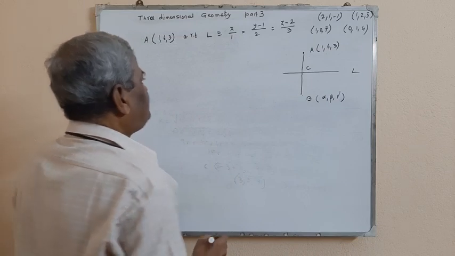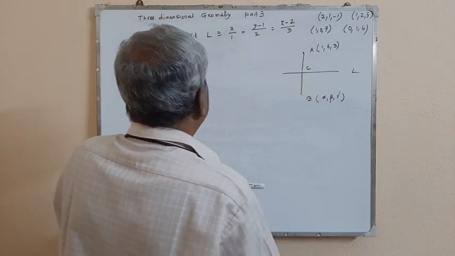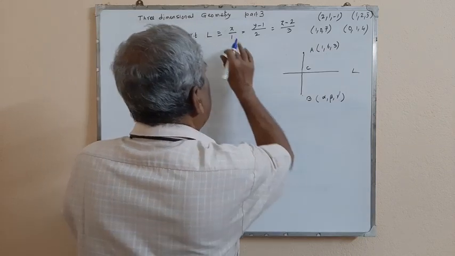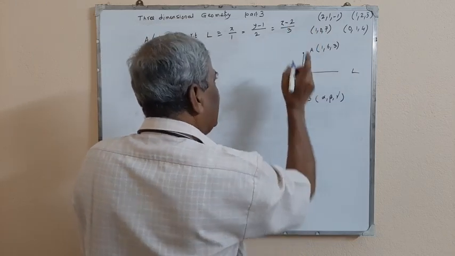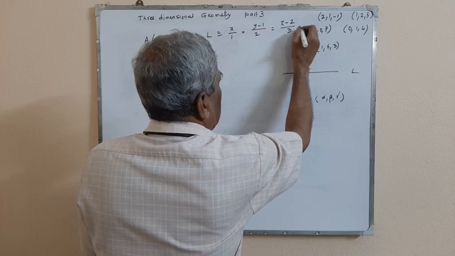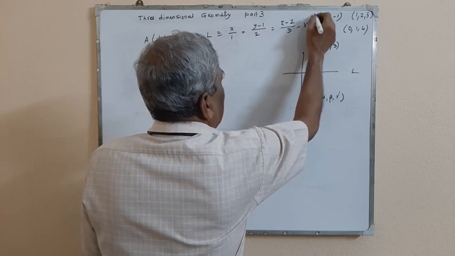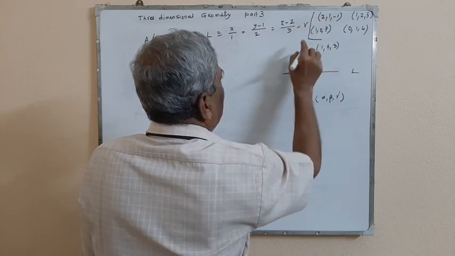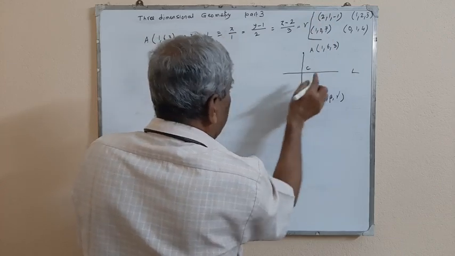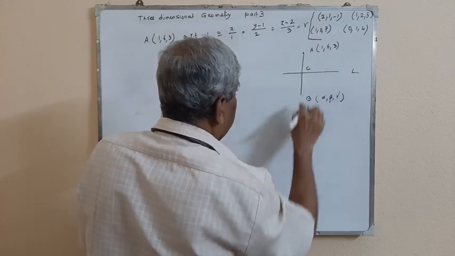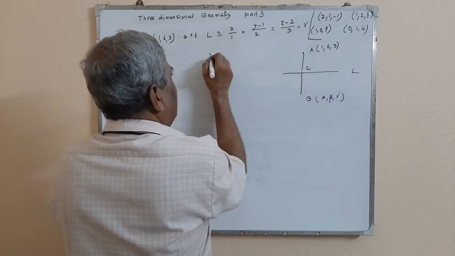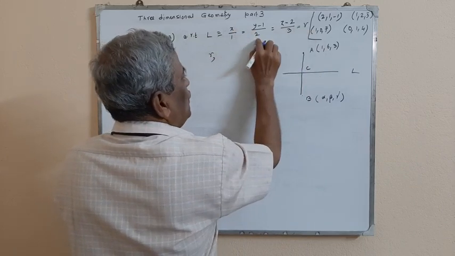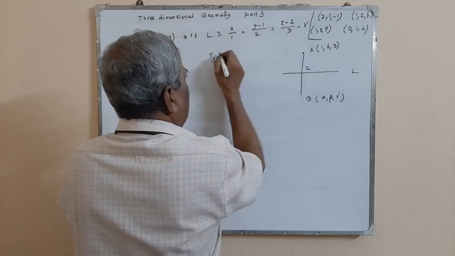So suppose we find any point on that line. For that purpose, let us suppose it is R. So any point on that line: x is equal to 1 into R, that is R. Y is equal to 2R plus 1.